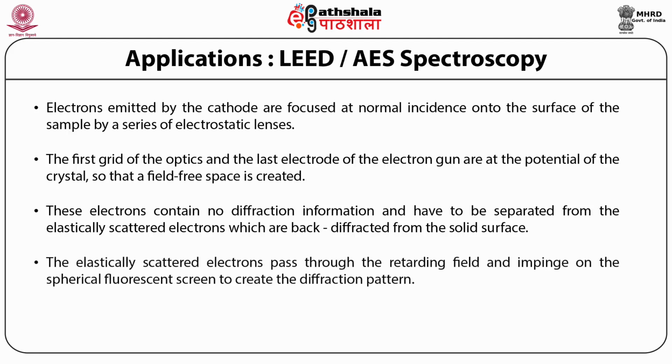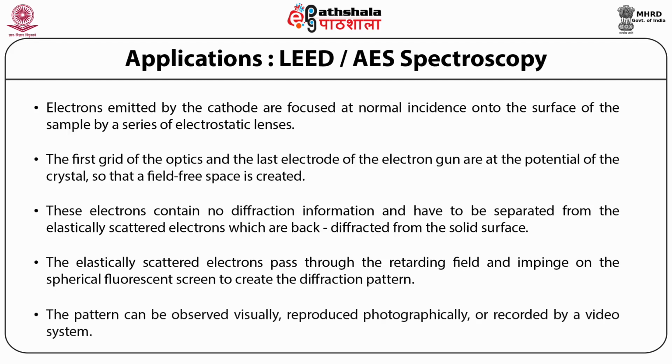The elastically scattered electrons pass through the retarding field and impinge on the spherical fluorescent screen to create the diffraction pattern. The pattern can be observed visually, reproduced photographically, or recorded by a video system.